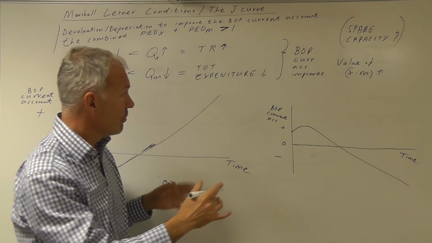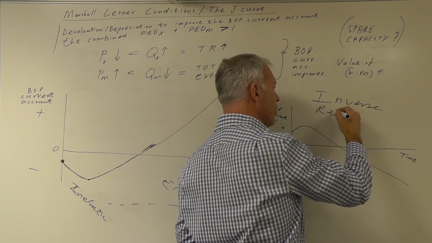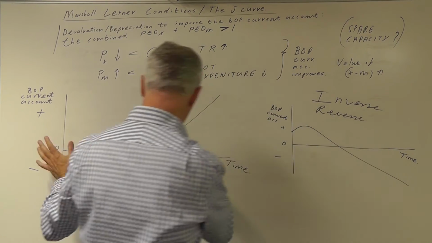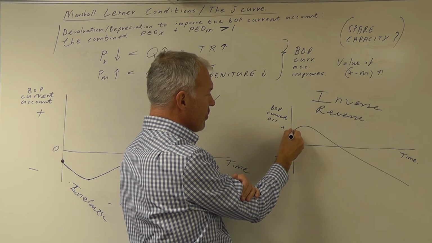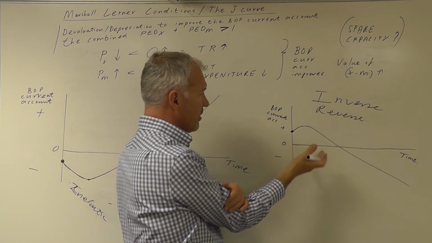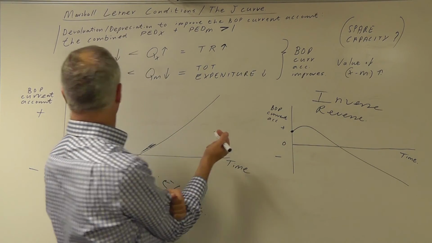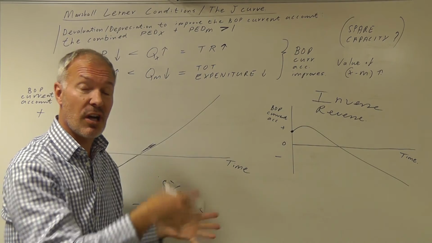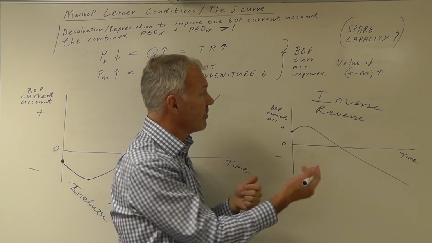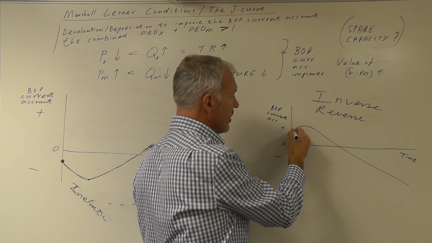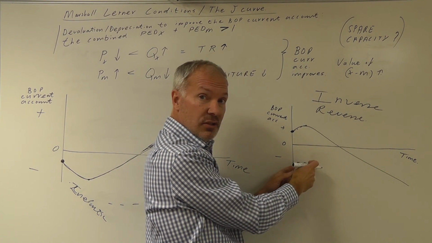Now the opposite can occur, which we call the inverse J-curve, or indeed the reverse J-curve. So we take this J-curve, just switch it round, and look at the opposite way. If we start off with a surplus on the balance of payments, which can be a problem, and we have an appreciation of the currency, where it becomes stronger rather than weaker, what will happen is that the balance of payments initially worsens.